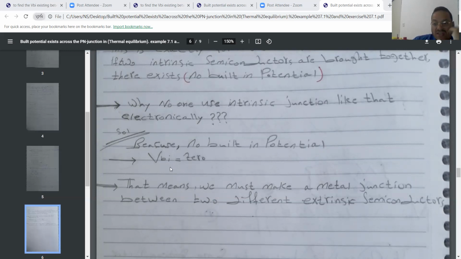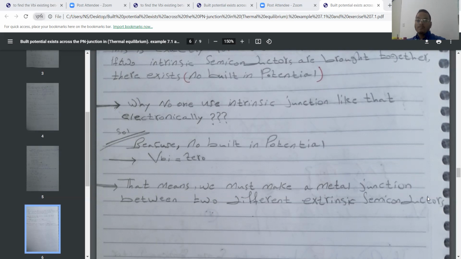That means we must make a metal junction between two different extrinsic semiconductors. What does that mean? At first I told you we can't deal with a PN junction made of the same two semiconductors.